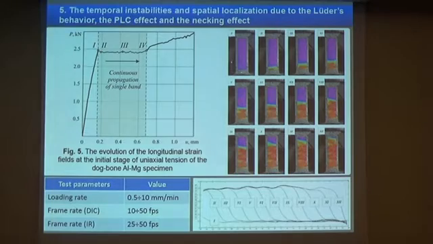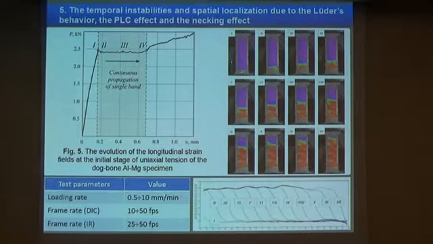So, at the first step of my work, we studied the material behavior patterns during uniaxial tension tests. So we made a set of different tests to analyze the process of initiation and propagation of the Lüders bands during the uniaxial tension.